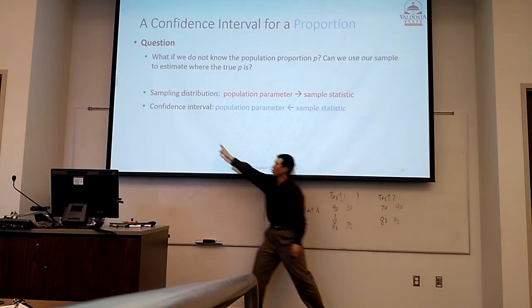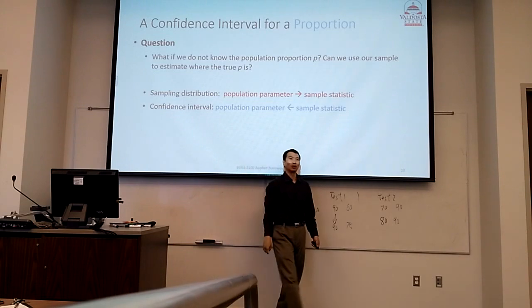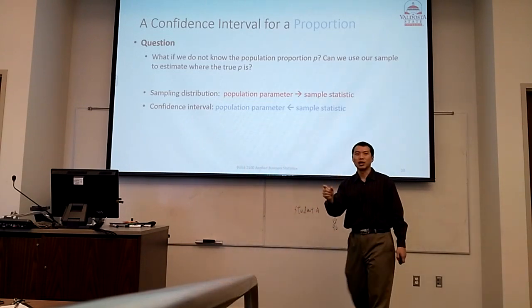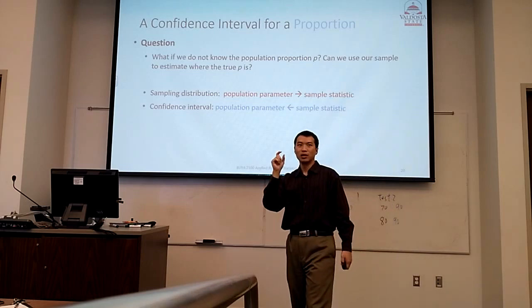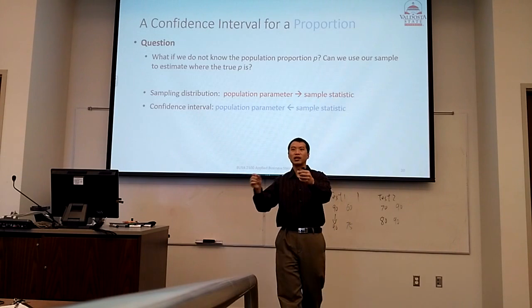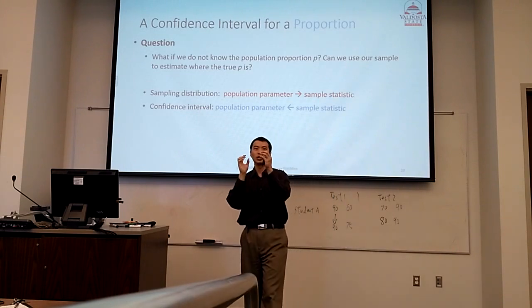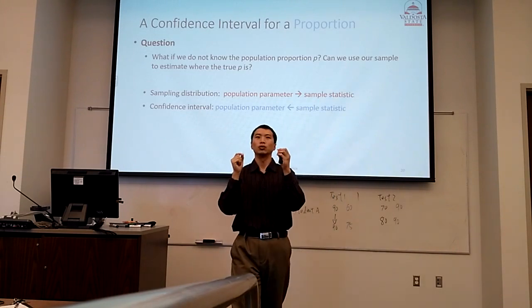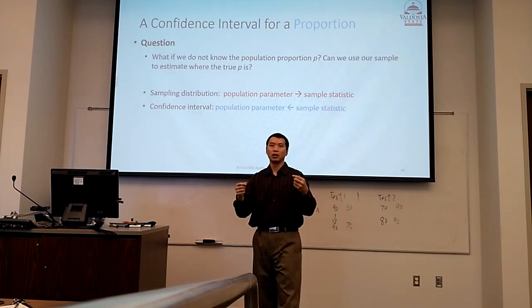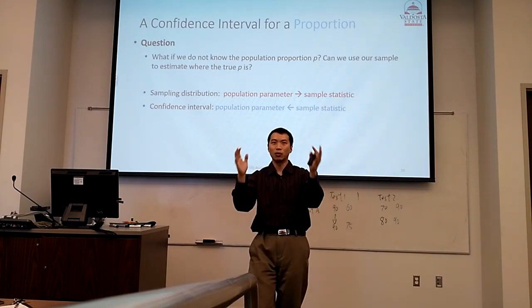That's why we want to learn the confidence interval. What is the interval? It is the interval that contains the true population parameter. Although we cannot find an exact number for the population parameter, we want to do our best. So we want to have an interval.